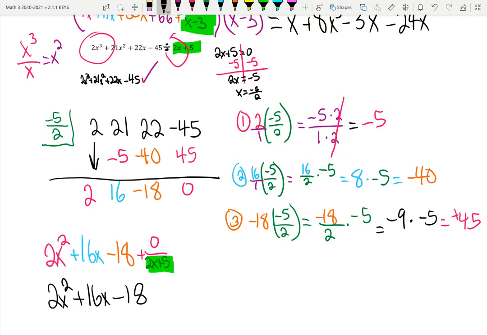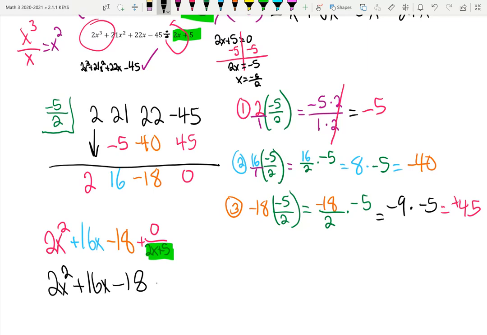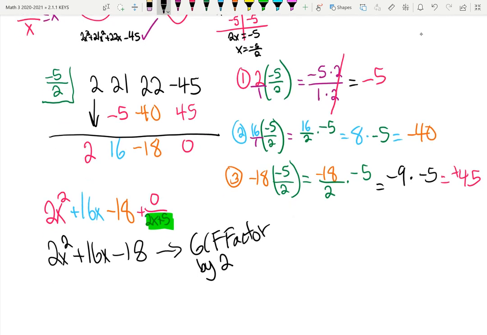Now, I actually see something, and I'm going to go ahead and immediately GCF factor. Why? I'm going to factor by 2, and the reason being is they're all even. So this is actually going to be 2 times x squared plus 8x minus 9.